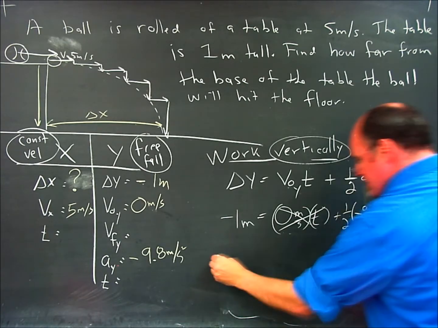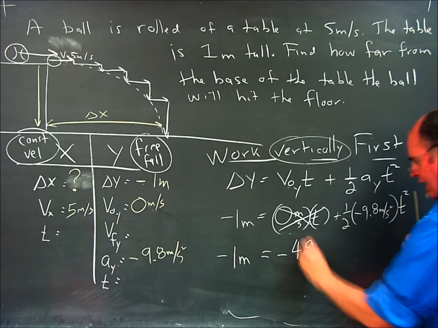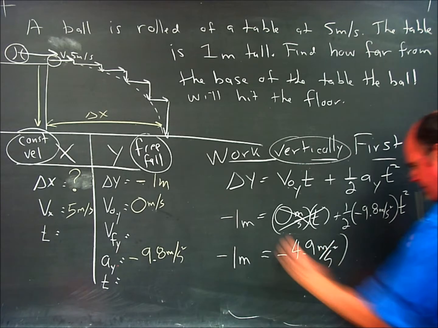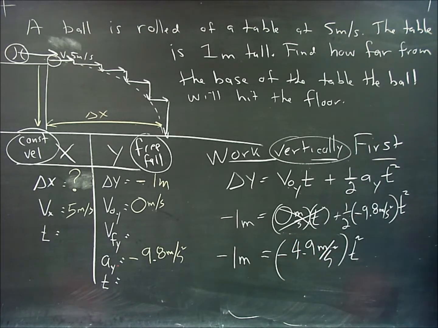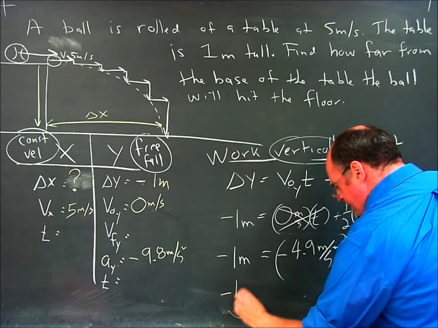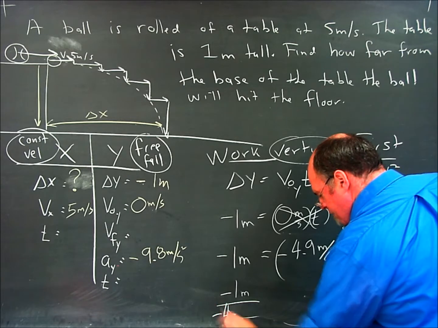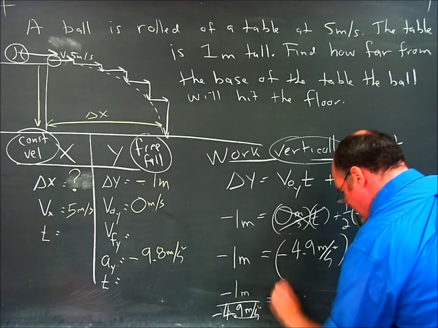So this becomes negative 1 meter equals negative 4.9 meters per second squared times time squared. And I'll divide both sides, so it's negative 1 meter divided by negative 4.9 meters per second squared equals t squared.